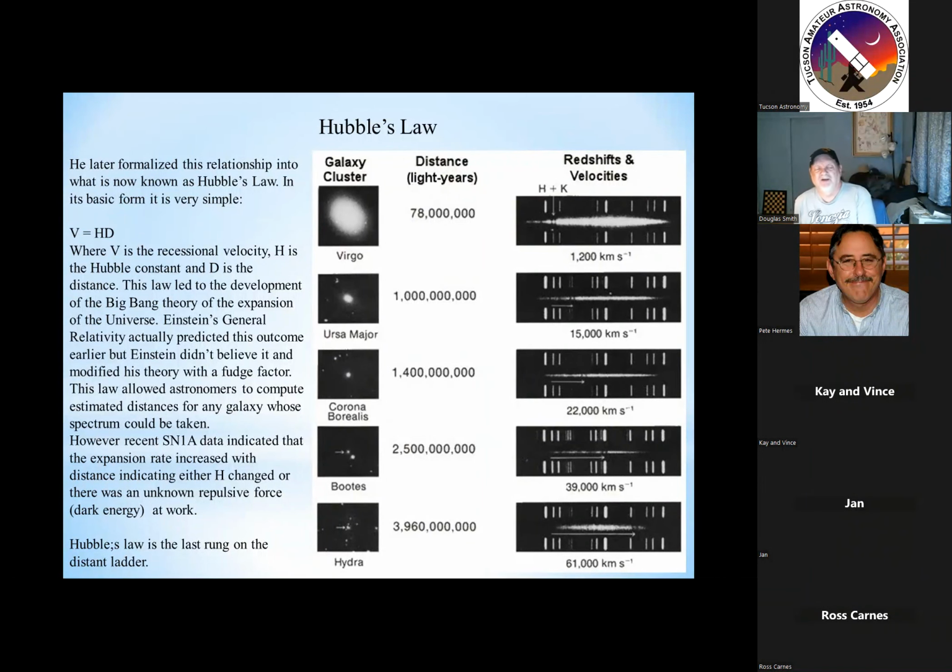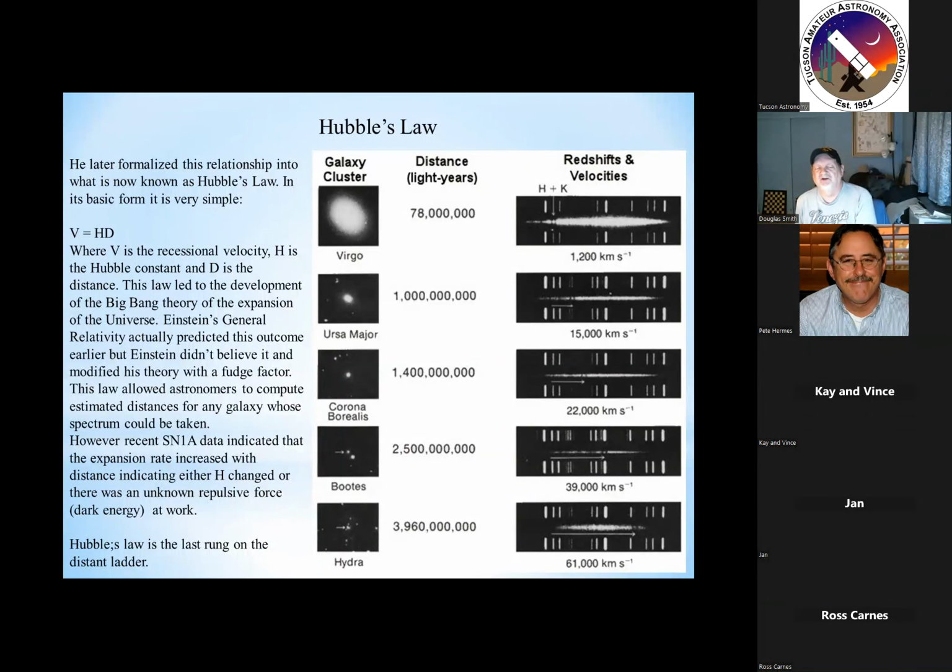But the law allows astronomers to compute distances for a galaxy as long as you can take the galaxy spectrum, because you can measure the velocity from the redshift, plug it into the formula, and you'll get a distance out.